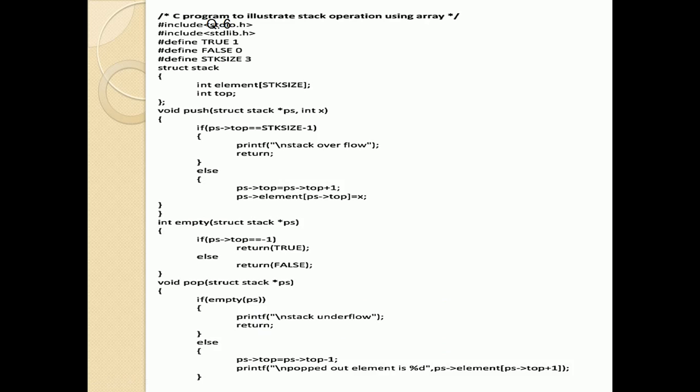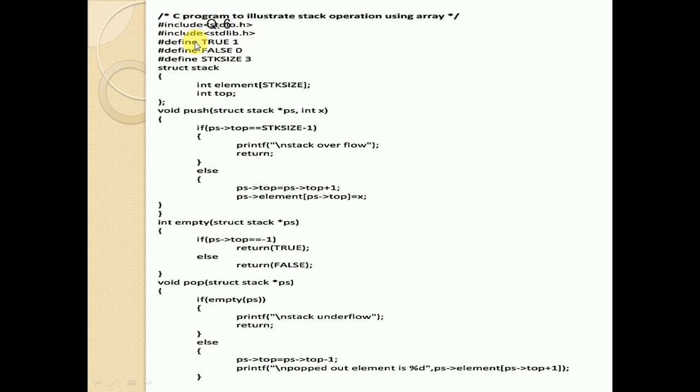So let's see the next question, that is a C program to illustrate stack operations using an array. You will get this question in the exam for 10 marks, where you have to write the program for the stack. Here the stack is implemented using arrays. We have used the predefined libraries: hash include stdio.h to support input and output, then hash include stdlib.h.